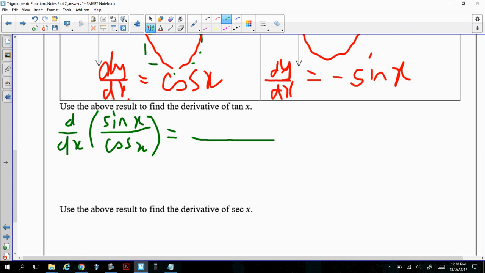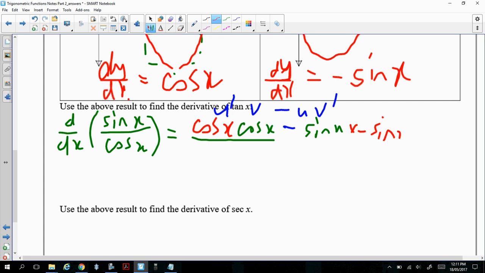The derivative of sine is cos x, times cos x. So it's u dash v minus u v dash. And then minus u, which is sine x, times the derivative of cos, which is negative sine, all over cos squared.